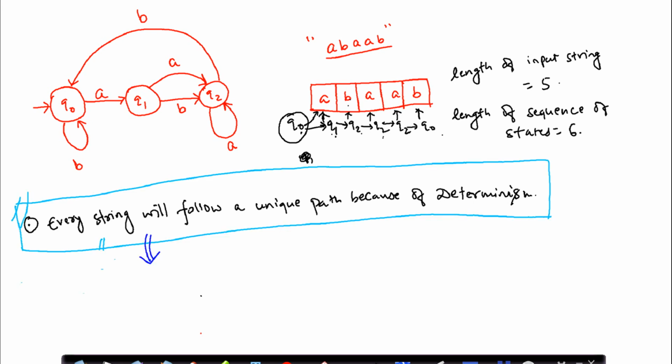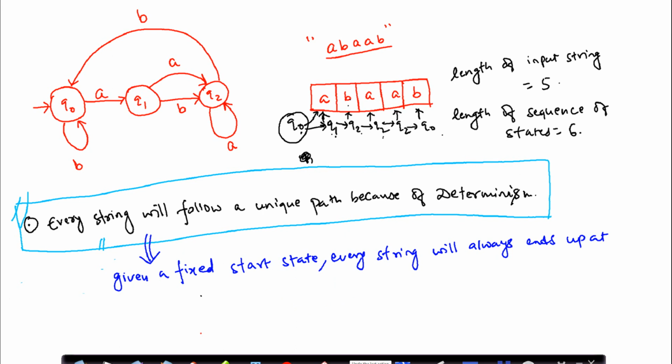Because every string follows a unique path, given a fixed start state, every string will always end up at a fixed particular state. We can say this.